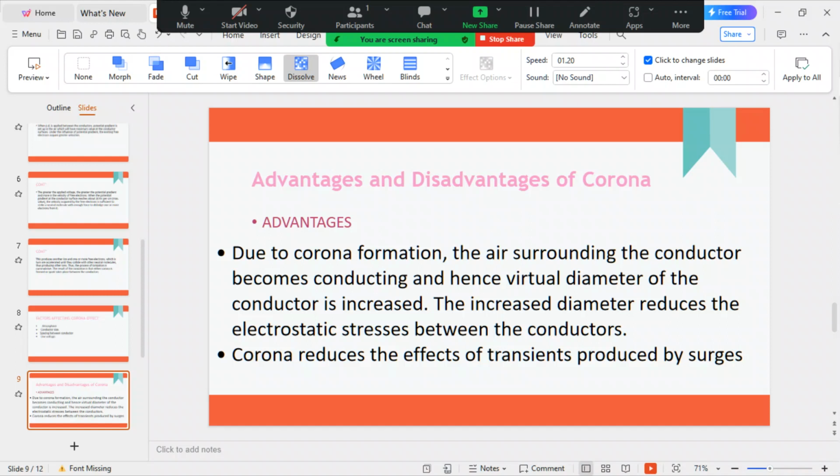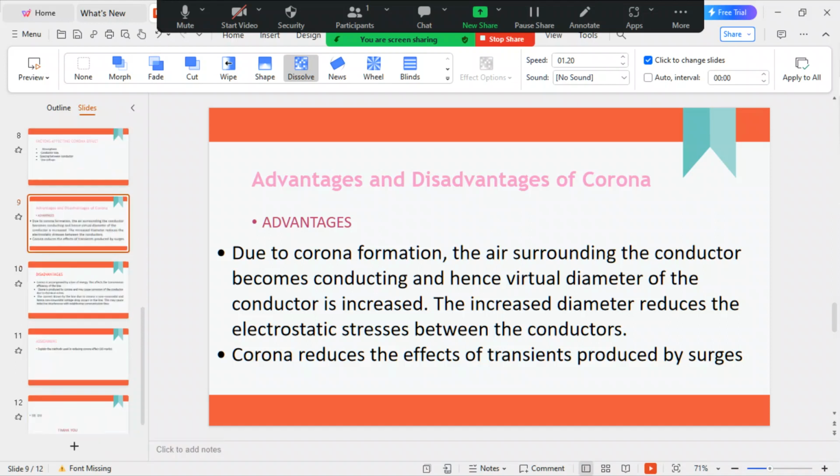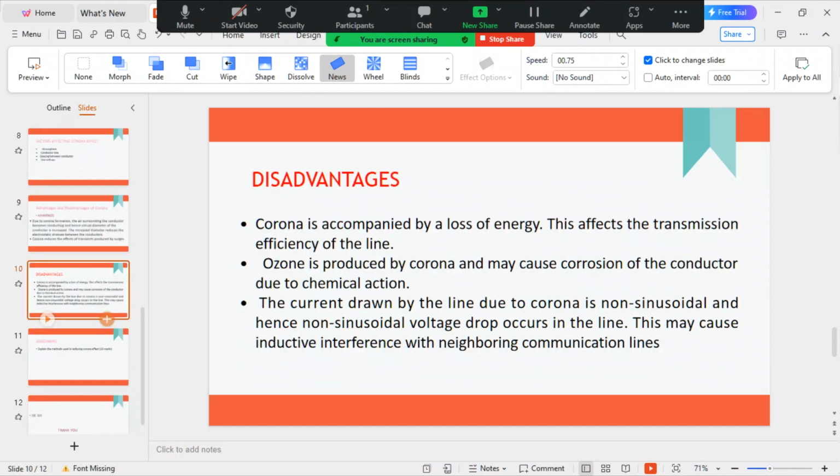The second one is that corona reduces the effects of transients produced by surges. Disadvantages: corona is accompanied by loss of energy. This affects the transmission efficiency of the line. Ozone is produced by corona and may cause corrosion of the conductor due to chemical action.